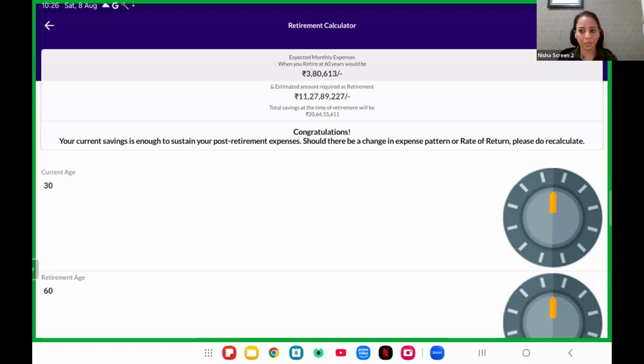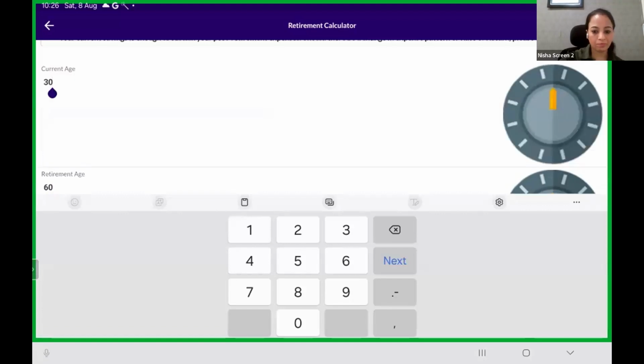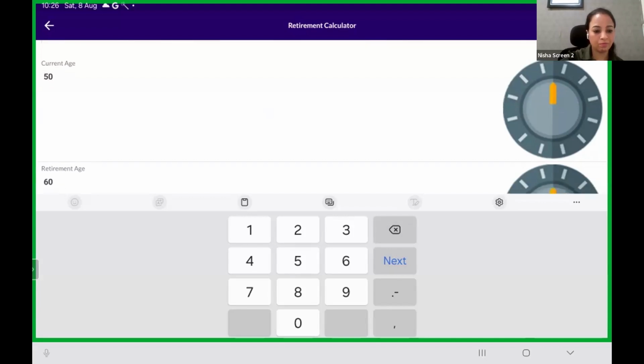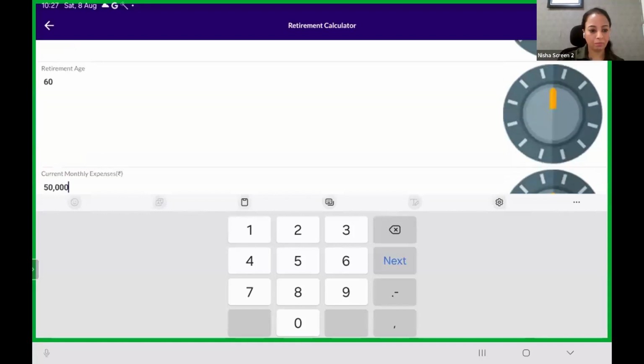Now let's see another example where the current age of the other person is 50. His retirement age is also 60, but his current monthly expenses are 1 lakh. Expected inflation remains the same, 7%.